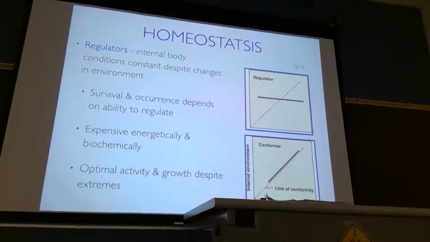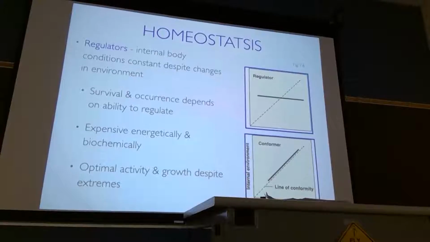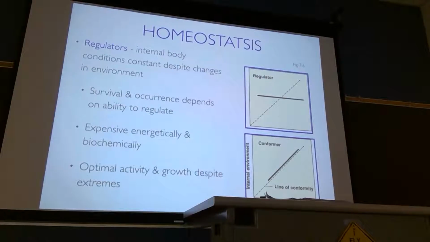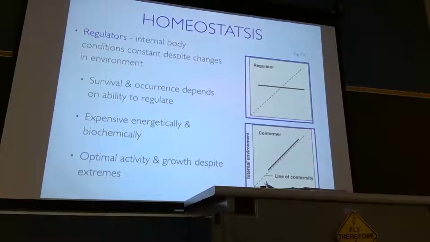And so for them, it's the flip side in terms of cost and benefits from a conformer. It's expensive, but it means that the environment can go through big radical shifts and they'll still be at their optimal growth rate and be able to survive.